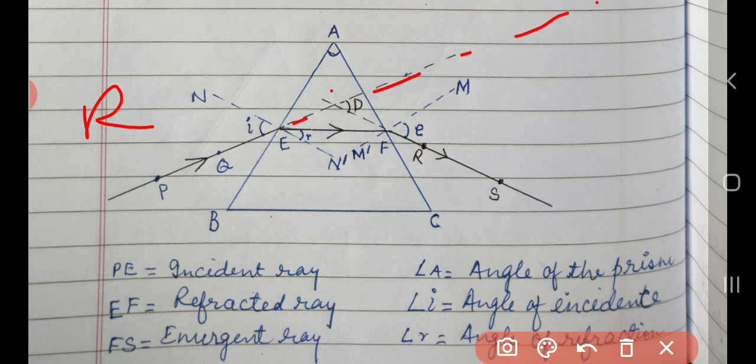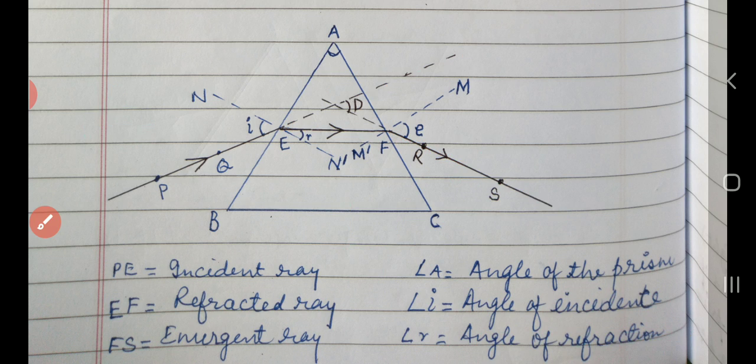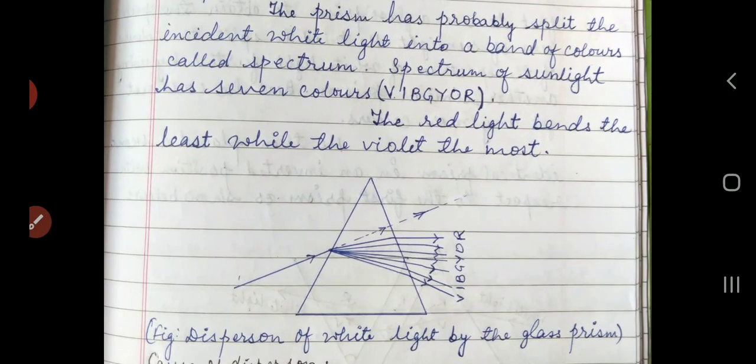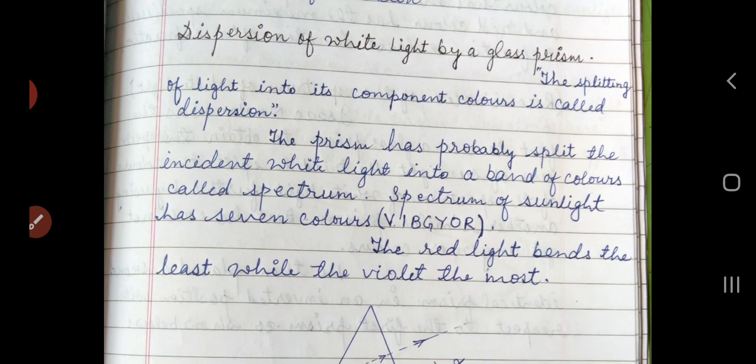In an optically denser medium the speed of light decreases as it enters from air, so the light bends towards the normal, and this is the refracted ray. When light emerges from the glass slab to the air, it bends away from the normal because its speed increases. So this is the refraction of light through a glass slab.